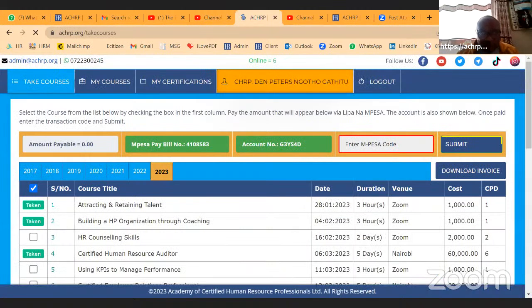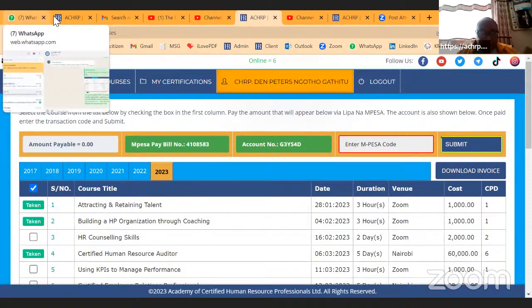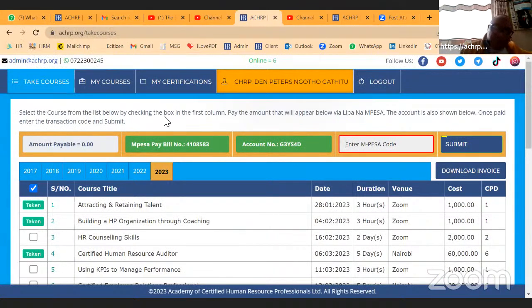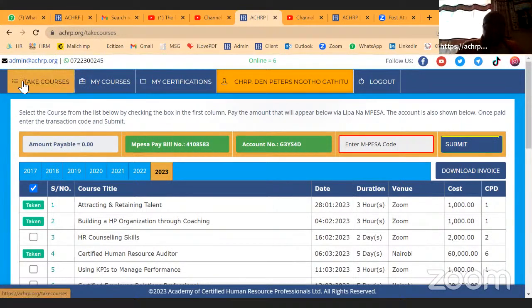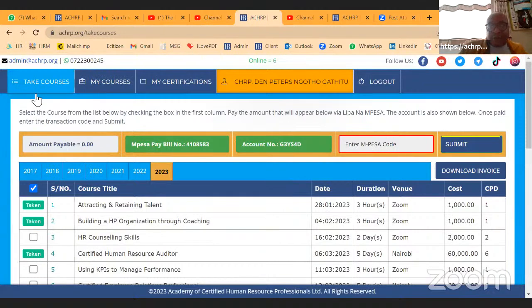And once you log in, there are only 5 pages there. The Take Courses, the My Courses, My Certifications, where your name appears.